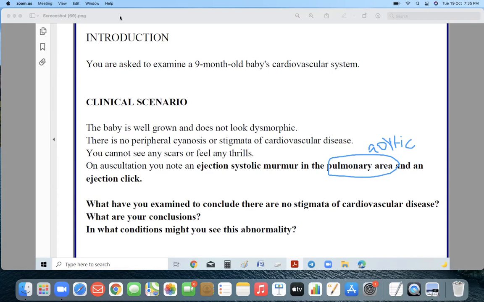It will be higher on the right side than the left side. There can be a little discrepancy in supravalvular, like in coarctation, because it is not at the level of the valve, it is behind it. That's why there can be some discrepancy of blood pressure between the right and left side.